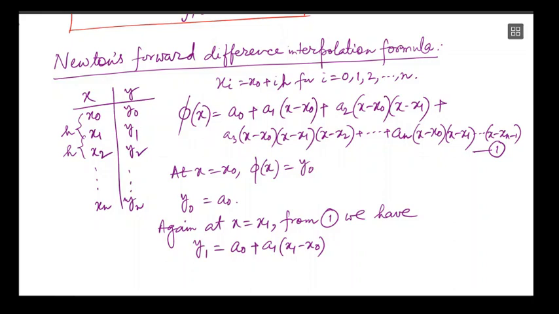Already we know a0 is y0, so from here we get a1 equals (y1 minus y0) by (x1 minus x0).